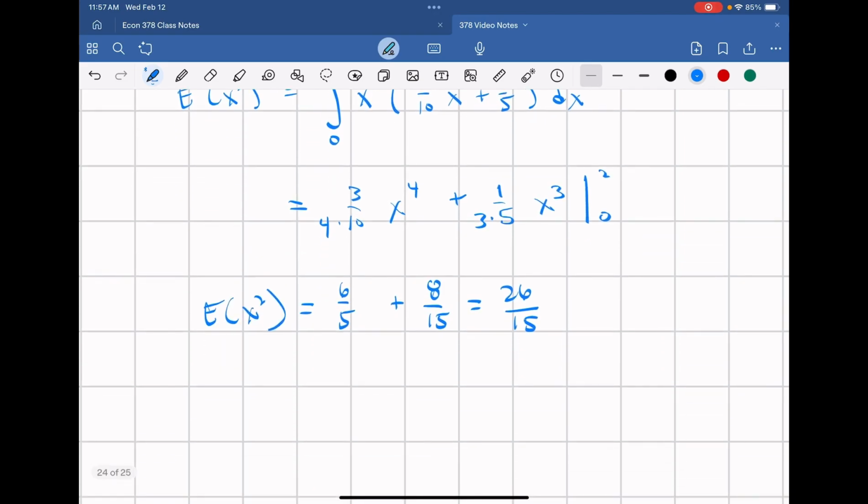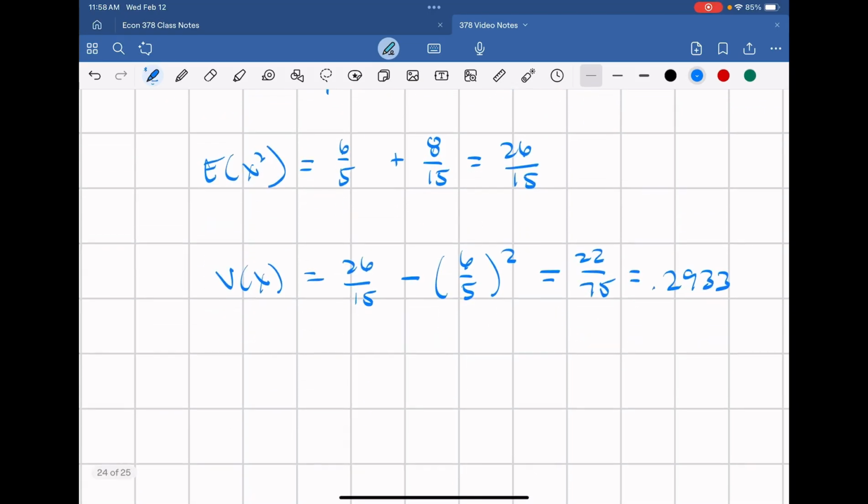And now I can use this as the variance of x is equal to 26 over 15 minus 6/5 squared. And this is equal to 22 over 75, or approximately 0.2933. I can find the standard deviation of x, which is just the square root of 0.2933.